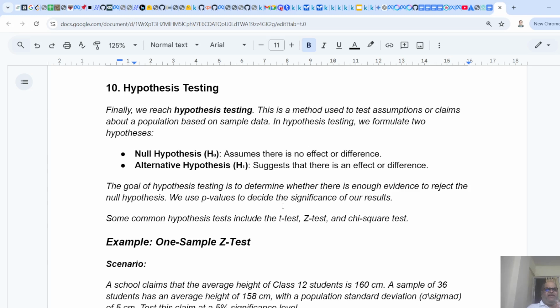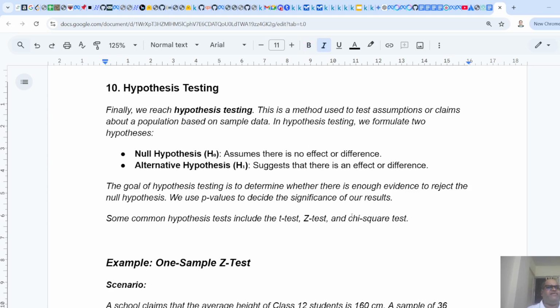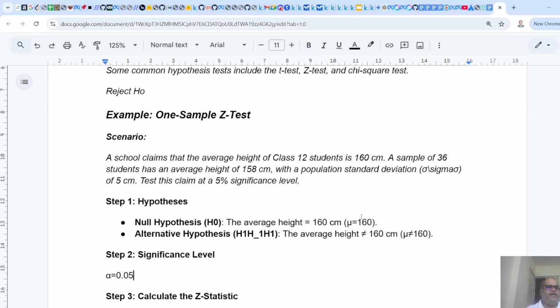You can visualize it as a 2 by 2 matrix, right? So if I can insert a table or just look at this: reject your H0, and this could be your correct decision, right?